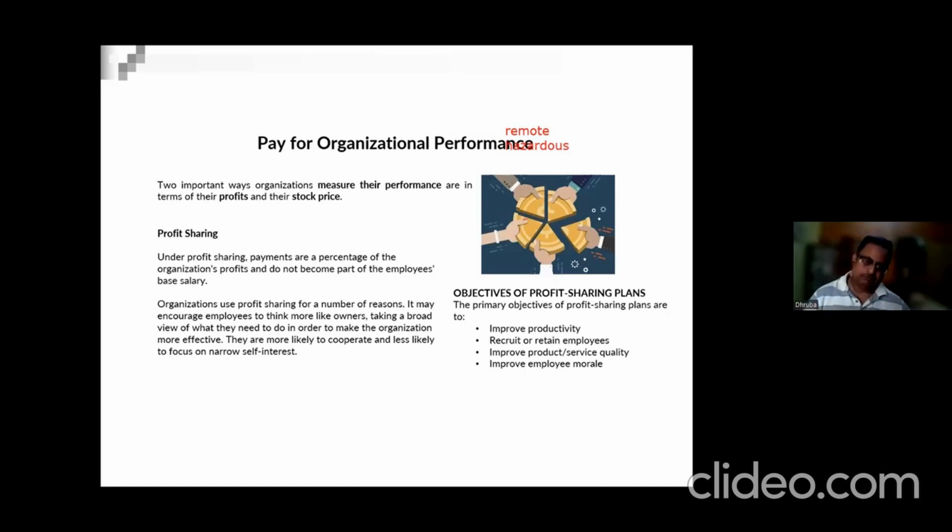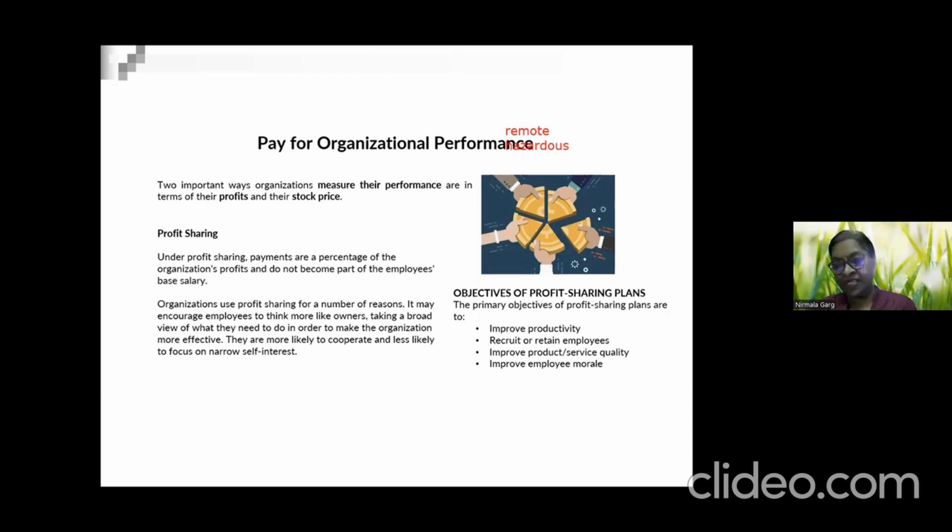When you are giving merit pay, the annual increment is directly in relation with your performance rating. Profit sharing is equated: if you have made profits, a certain percentage on the basis of your base salary at every level is given. You are in grade 1, grade 2, grade 3. Across the organization, they will calculate certain percentages and give it.